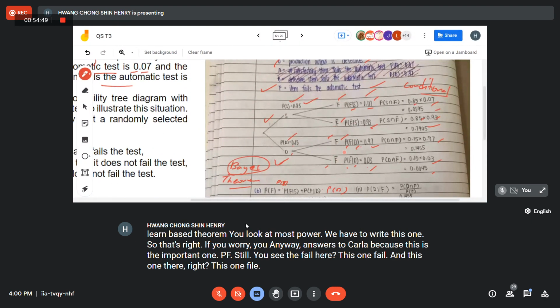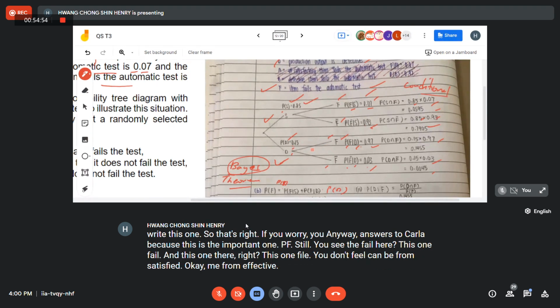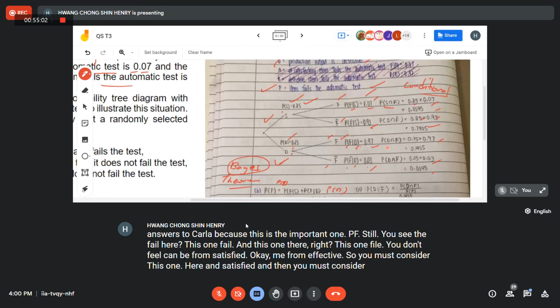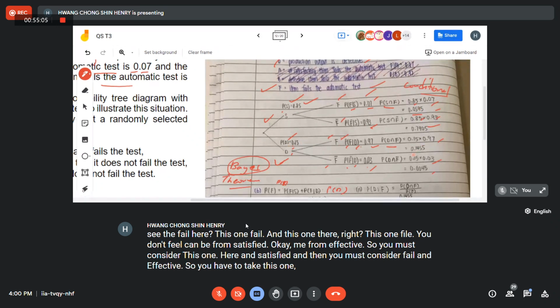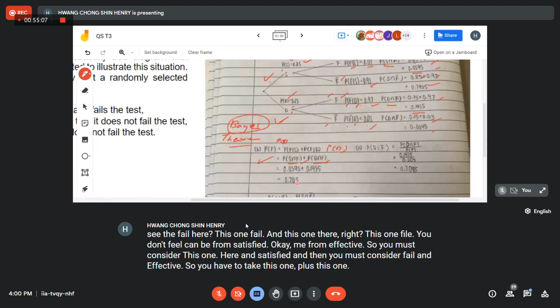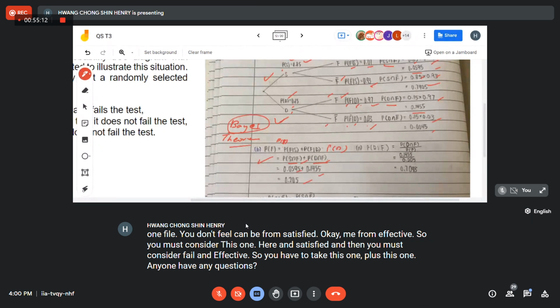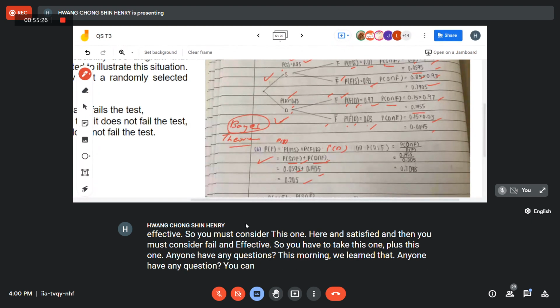This one F bar you don't see. Fail can be from S, satisfied. Fail can be from defective. So you must consider fail and satisfied, and then you must consider fail and defective. So you have to take this one plus this one. Anyone have any questions? You can ask now.